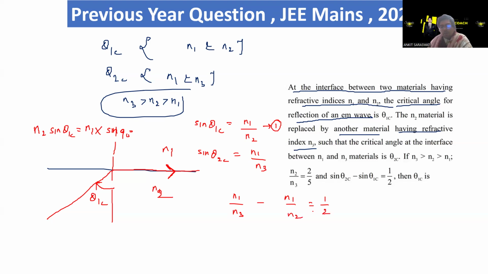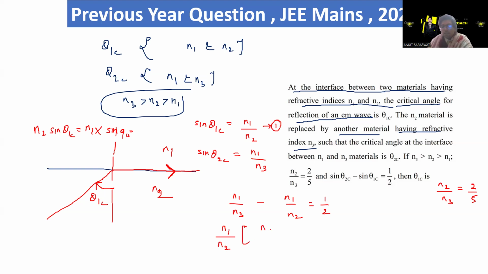Now in this question, n2 by n3 is given, I think 2 by 5. N2 by n3 is given, that is 2 by 5. So what I will do, I will take n1 common, alright? And I will also take n2 common, clear?